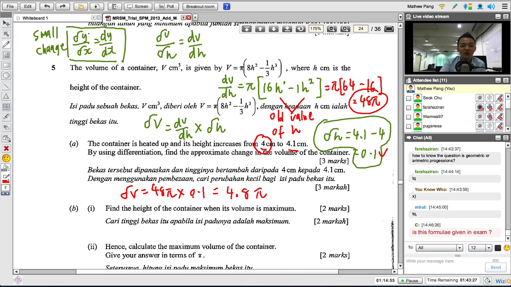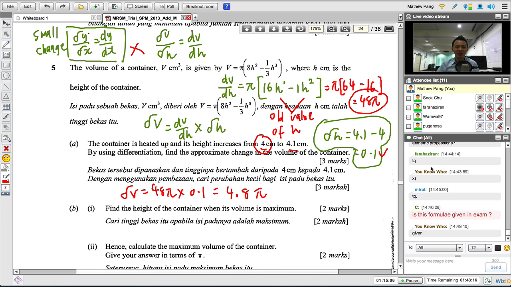This is the change of v. Is this formula given in the exam? I think this formula is not given, but I'm not sure. You can check your formula list. But this formula is very easy to remember. Normally, it's given. Okay, then if it's given, there should be no problem.